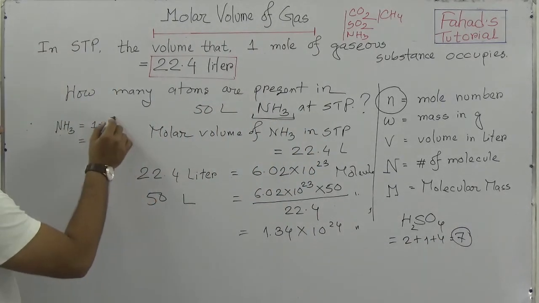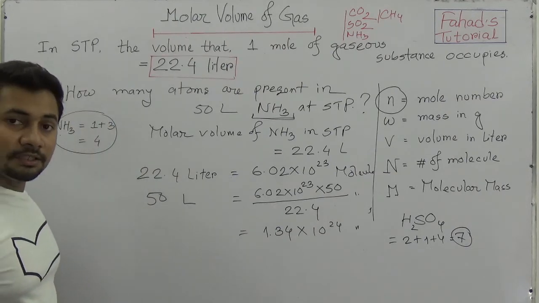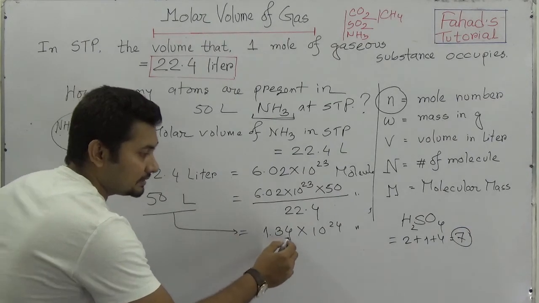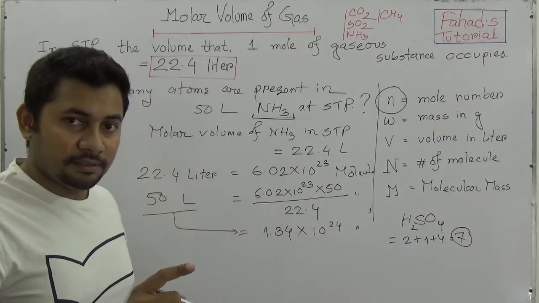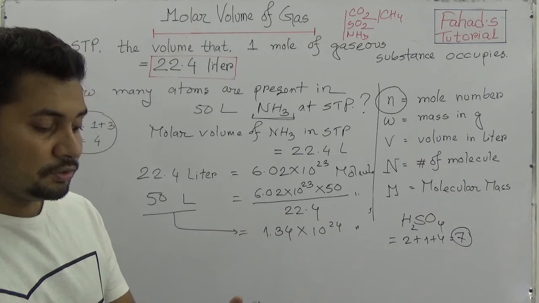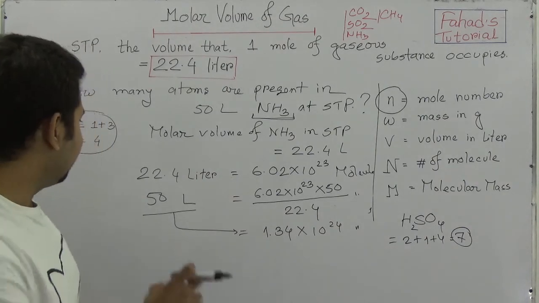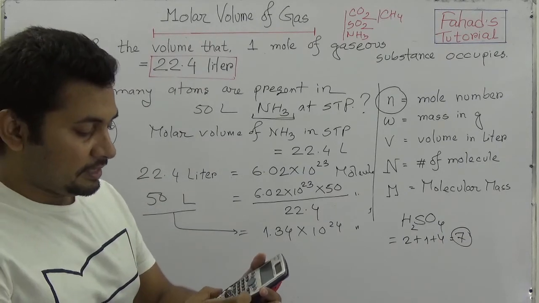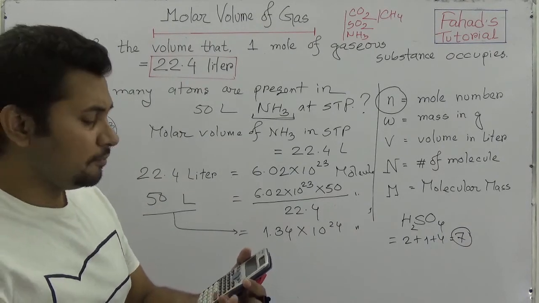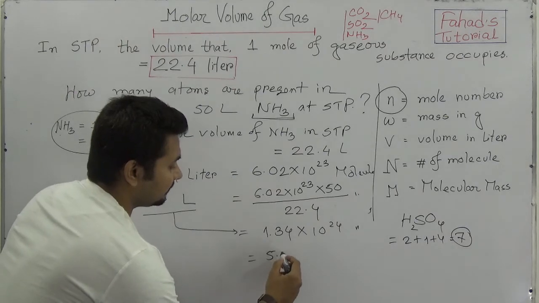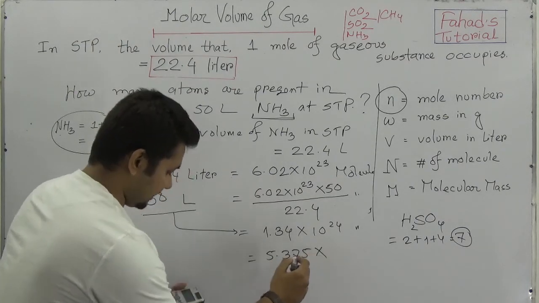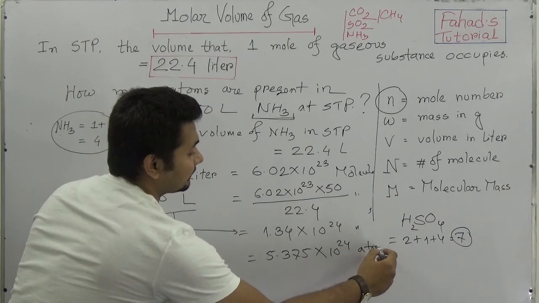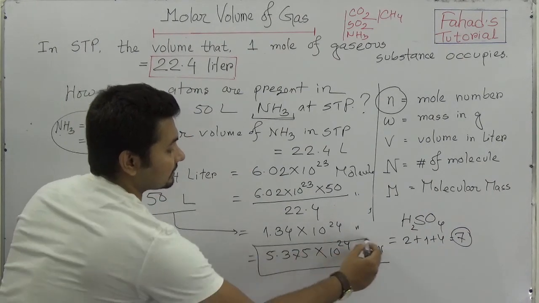But in the case of ammonia, there are 4 atoms. So we just need to multiply by 4 to find the atoms. If I multiply by 4, then it is 5.375 times 10 to the power 24 atoms. And this is the answer.